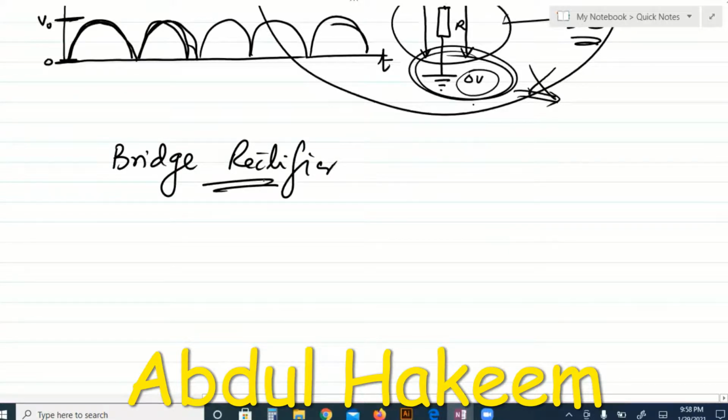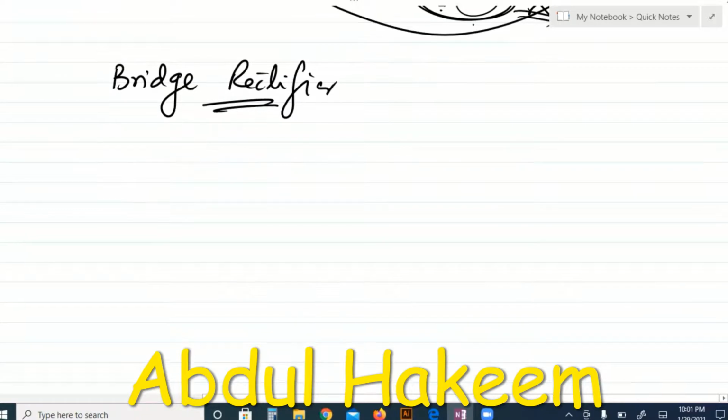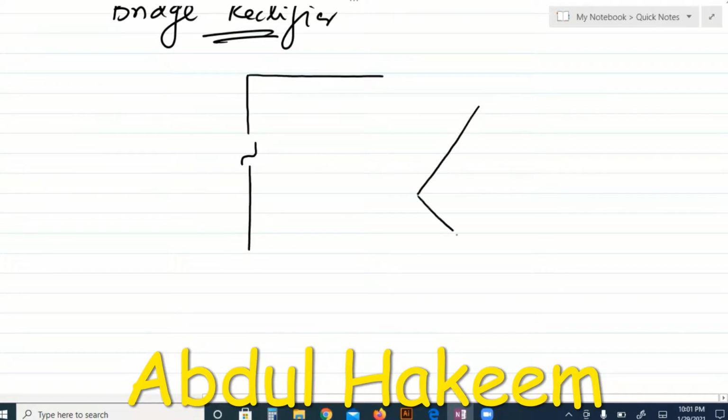So the new one is the bridge rectifier. Okay, in the bridge rectifier, same first transformer. Suppose this is the supply for the transformer, alternating low voltage. Then we have this circuit. First diode connected in this direction.